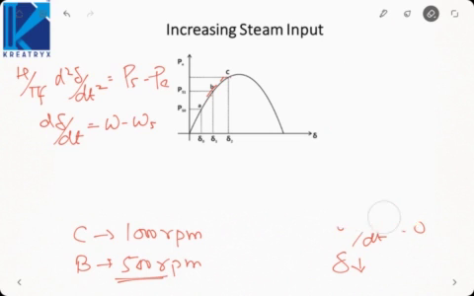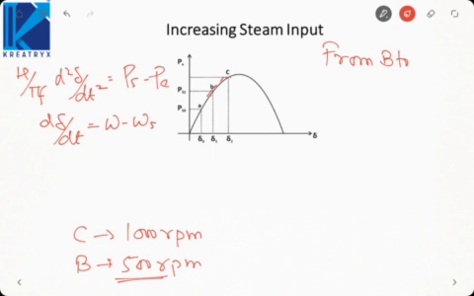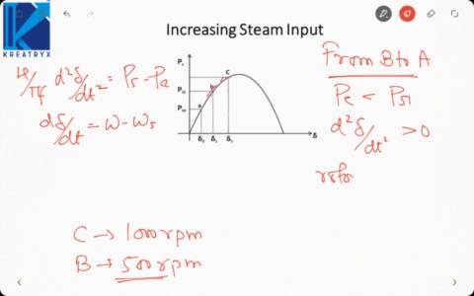So when we are going from B to A, what will happen is that electrical power is less than shaft power, due to which d square delta by dt square will be greater than 0. So rotor will accelerate.